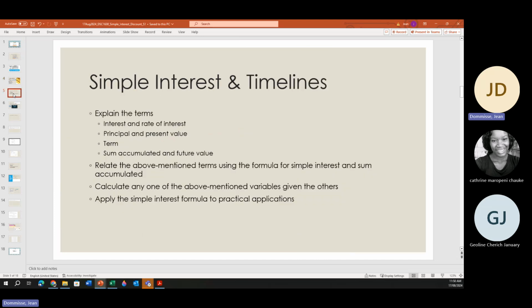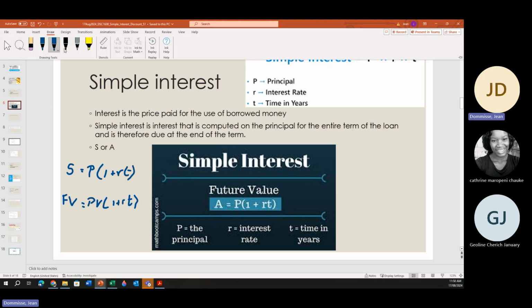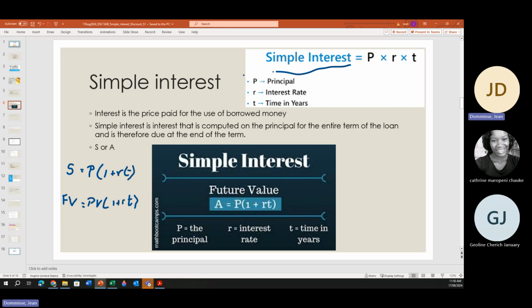Okay, so let's go into the formulas again. So two things that they can ask you to work out. They can ask you to work out just what is the simple interest. So basically, what is the interest that you've earned if you put away money?